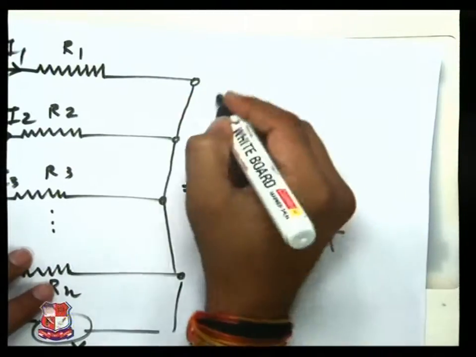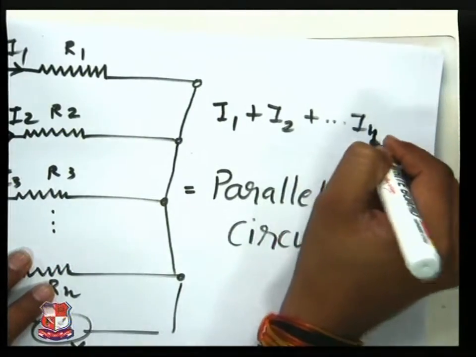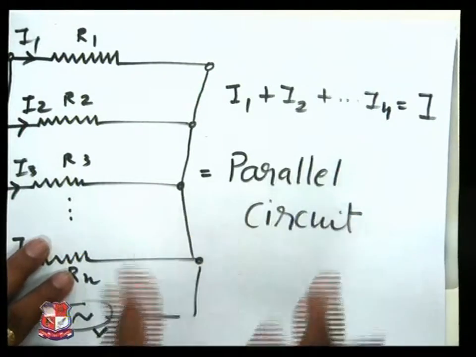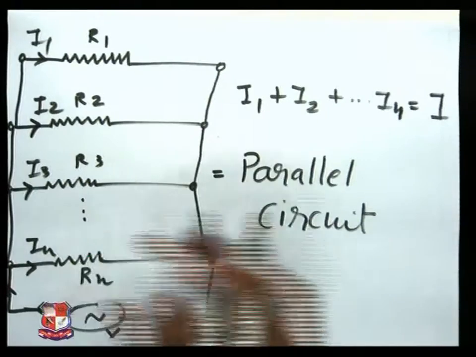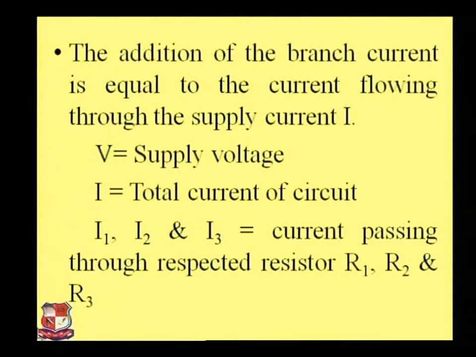If you take the addition of all the currents, that becomes your main current I. So the currents passing through the individual branches add up to your main current I. Making the equation: V equals the supply voltage, I is the total current passing through the circuit, and I1, I2 and I3 are the currents passing through the branches R1, R2 and R3 individually.